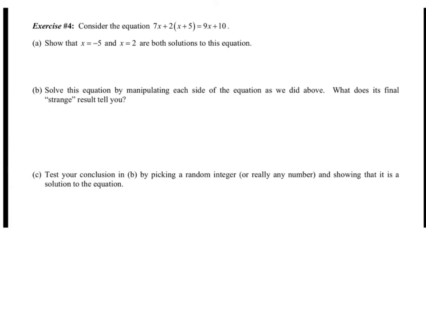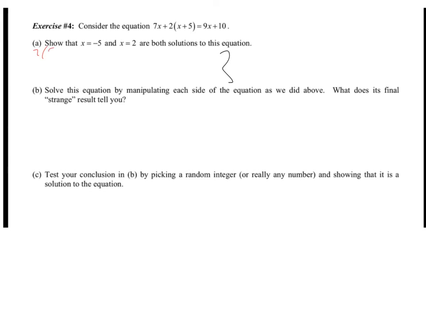All right, let's look at our last one. If we have the equation 7x plus 2 times x plus 5 equals 9x plus 10, we need to show that x equals negative 5 and x equals 2 are both solutions to the equation. So in order to do that, we need to plug 5 in.